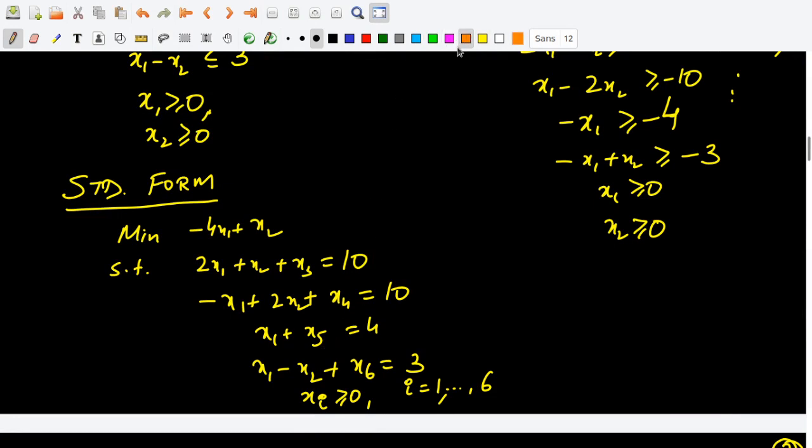Notice that we have added slack variables. Had my constraints been of the form greater than or equal to, then I would have needed surplus variables.